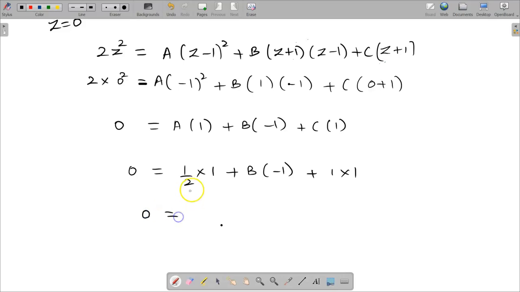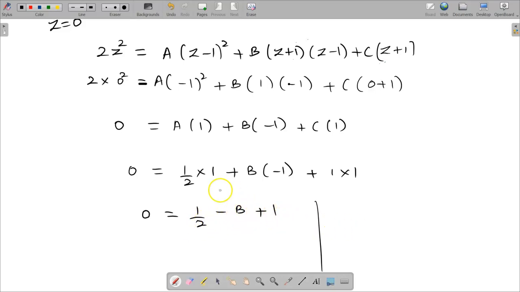So 0, 1 by 2 into 1 it is 1 by 2, and then minus 1 into b it is nothing but minus b, plus 1 into 1 it is 1. So we have the terms like 0 is equal to 1 by 2 minus b plus 1.